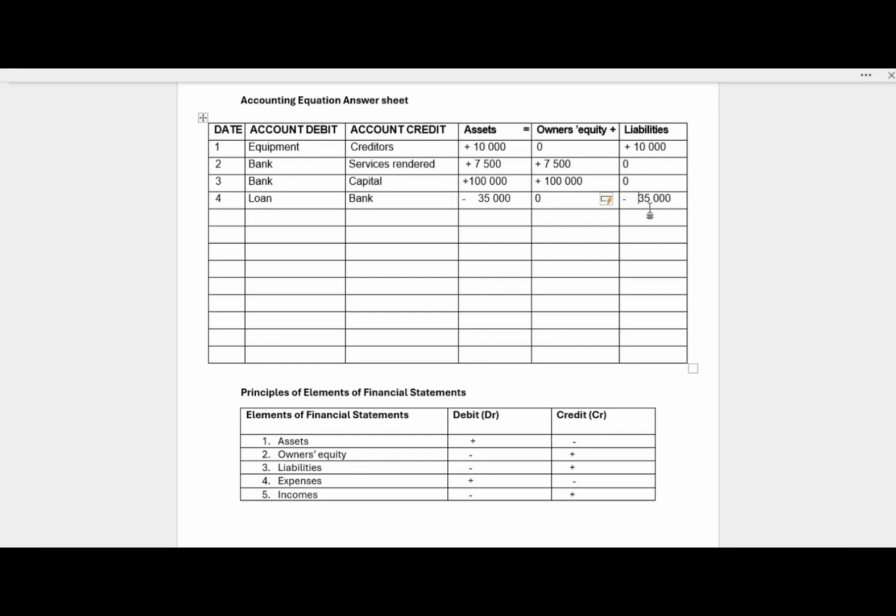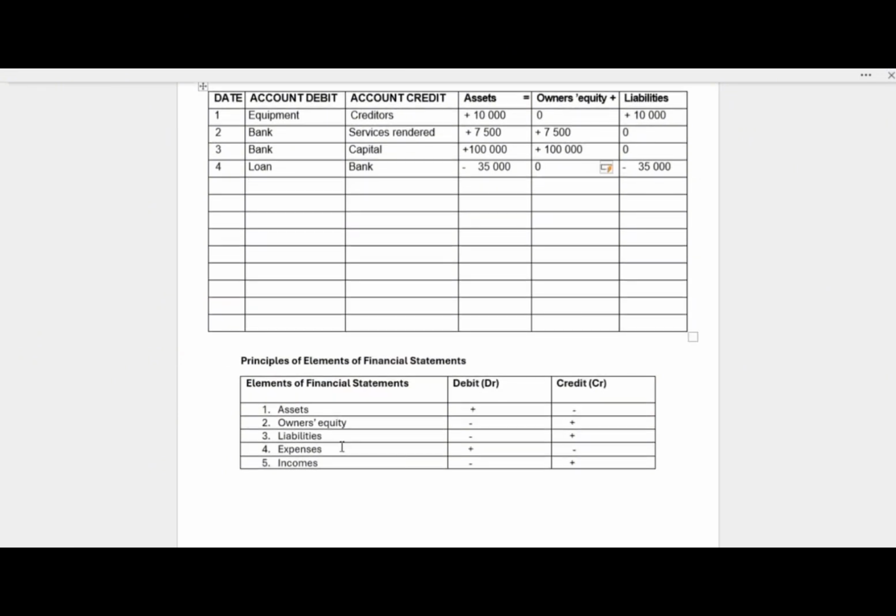That is why we indicate minus right there. Okay, and then we are done with recording transaction number 4. Remember, we don't just debit or credit, we firstly relate to the elements.